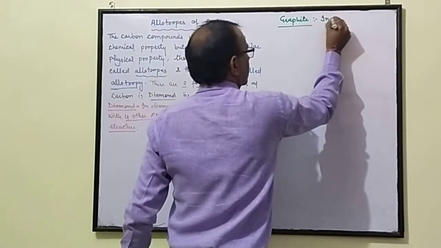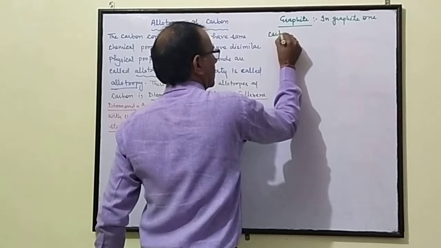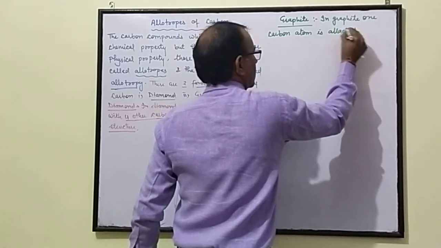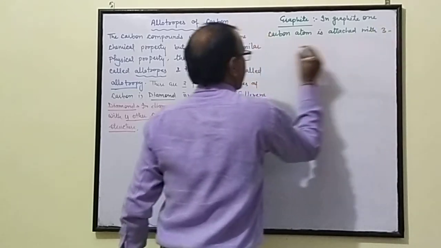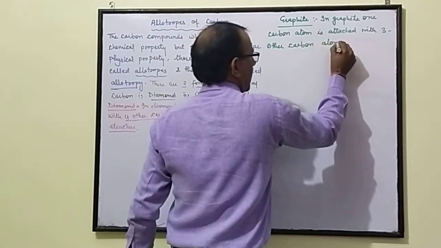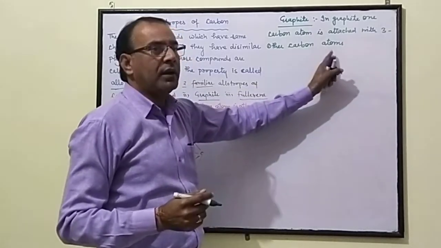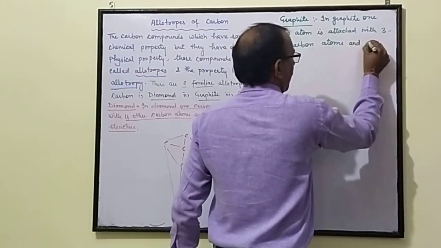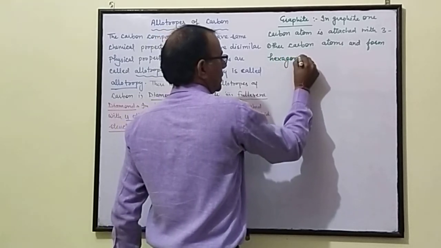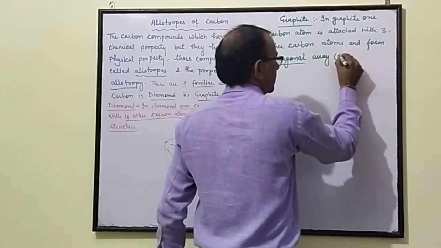In graphite, one carbon atom is attached with 3 other carbon atoms. डायमंड में 1 कार्बन एटम 4 अदर कार्बन एटम से, और ग्रेफाइट के अंदर 1 कार्बन एटम अटैच विद 3 अदर कार्बन एटम्स, and forms a hexagonal, means 6-sided array, or you can say a hexagonal structure.